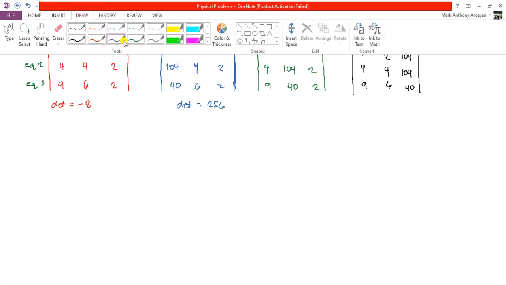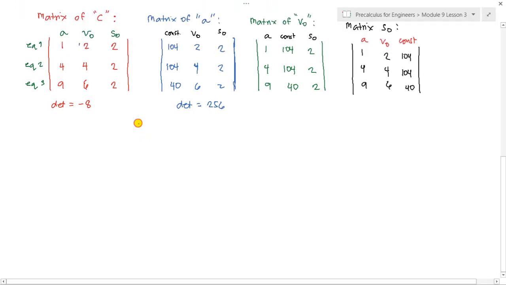So let's proceed to the matrix for initial velocity. We have 1, 4, 9, 104, 104, 40, and 2, 2, and 2. Class, our procedure is still the same.